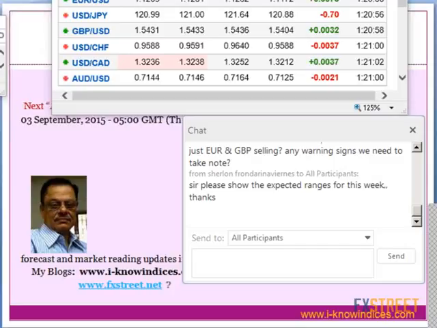A quick knee-jerk reaction creating a rumor, gaining about 150 pips, and then silently dropping and losing all the 150 pips and coming down further is possible. So there is no question of warning signals and things like that.